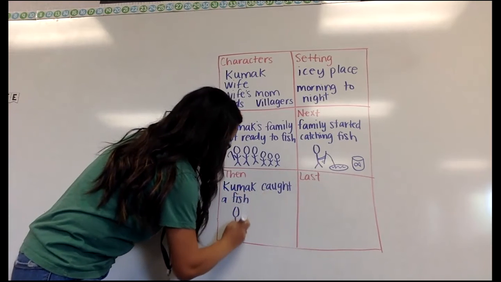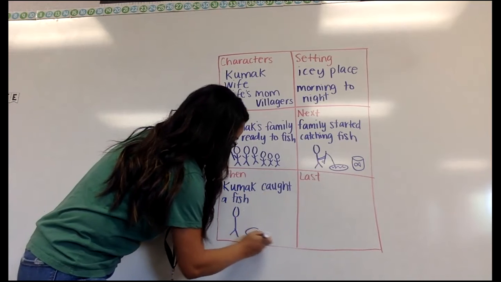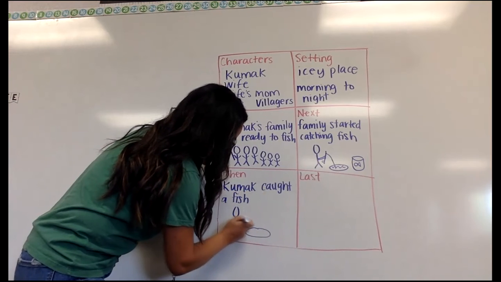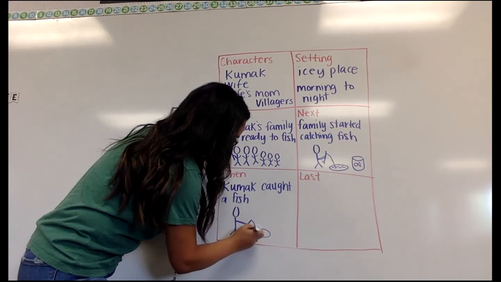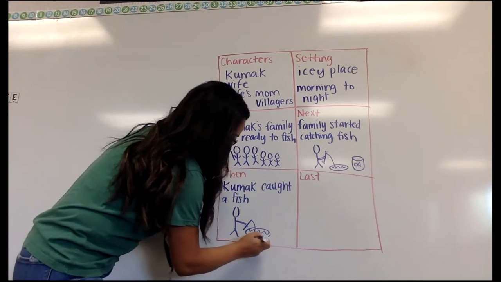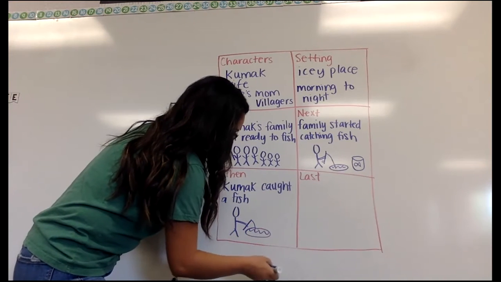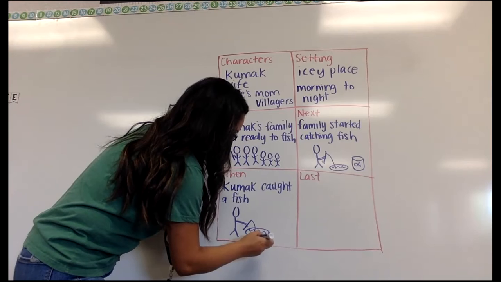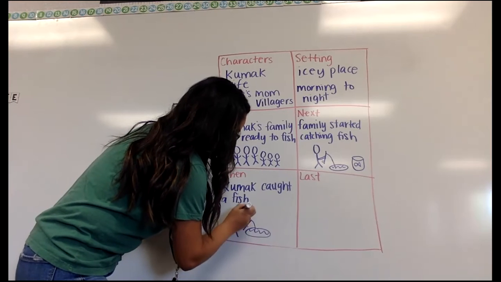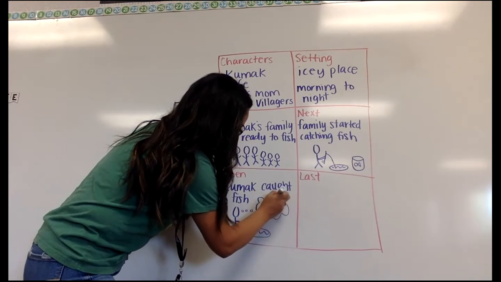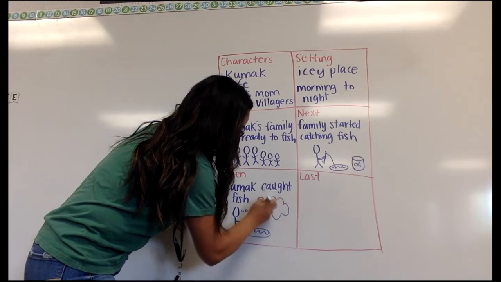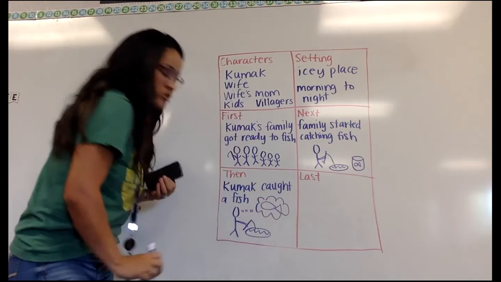And I'm going to draw Kumak, his hole. And he hasn't pulled it out yet, so that fishing hook is still in there. And we're gonna say that he's thinking that it's a huge fish, right?